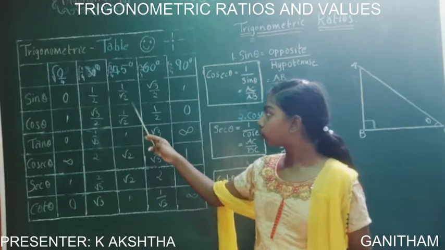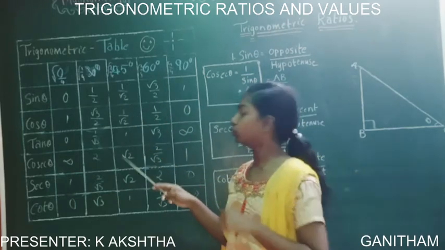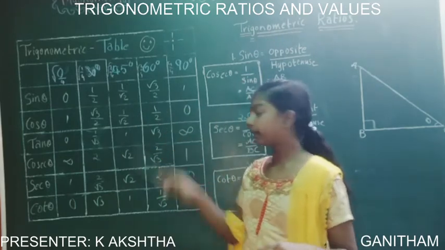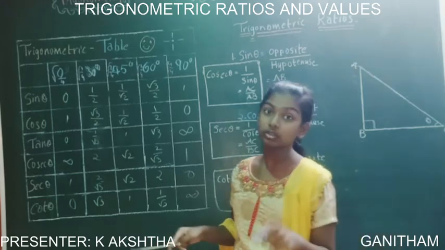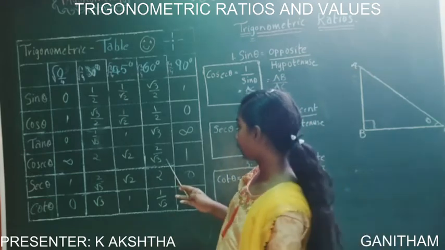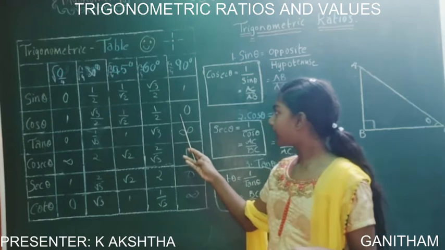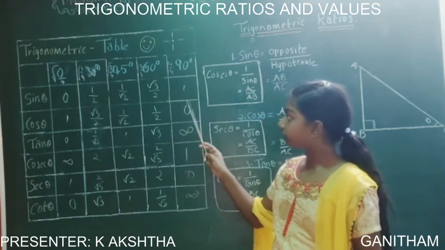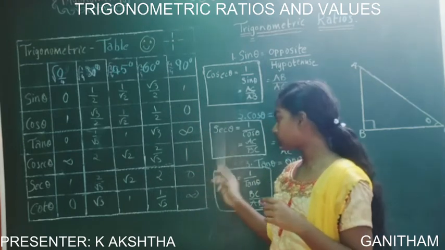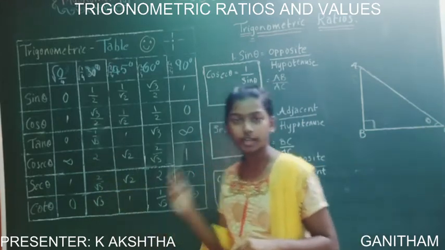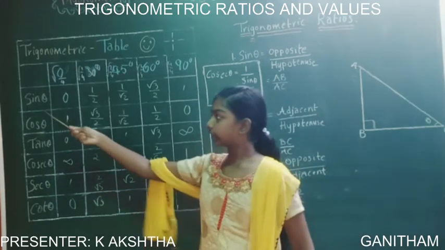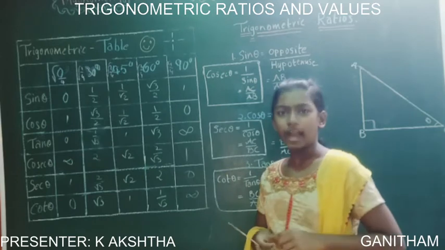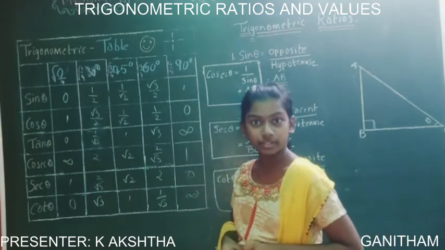And 1 by 1 by root 2 is root 2. 1 by root 3 by 2 is 2 by root 3. Here we got it. And 1 by 1 is 1. So this is how we write cosec theta, the inverse ratio of sin theta. I think you are understanding, right?